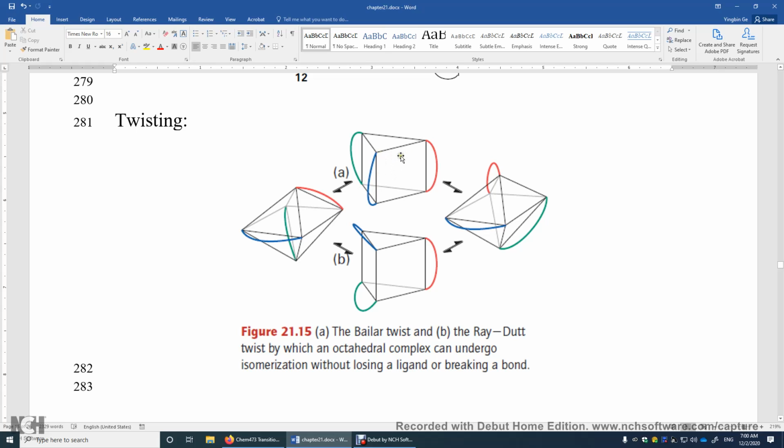If you can imagine a staggered conformation of ethane, C2H6, you know what I'm talking about. And this will go here, and this will go here. So all three colored linkages will appear in a non-parallel position, because this one will go here.